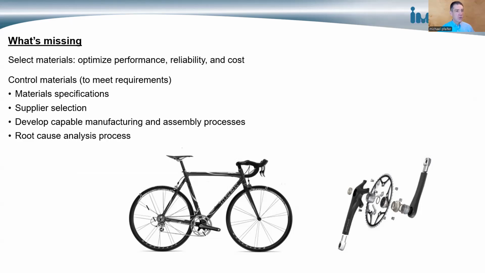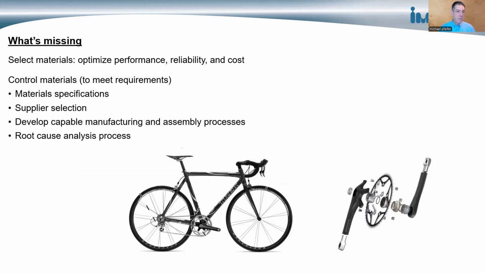And the other thing is controlling the materials to meet the requirements. Writing good material specifications, having a solid supplier selection process, developing capable manufacturing and assembly processes that are able to continually produce components and joints that meet requirements, and having a disciplined, focused root cause analysis process.